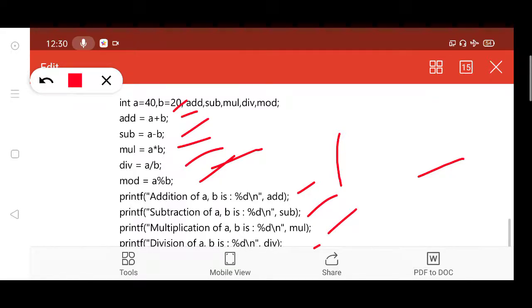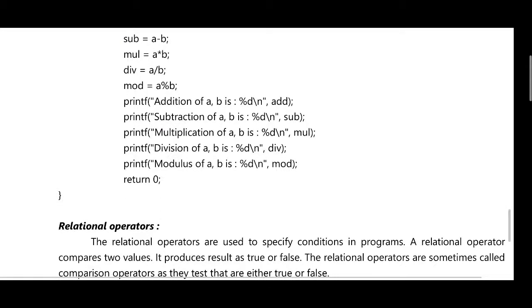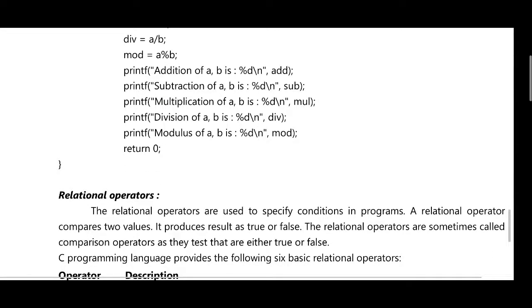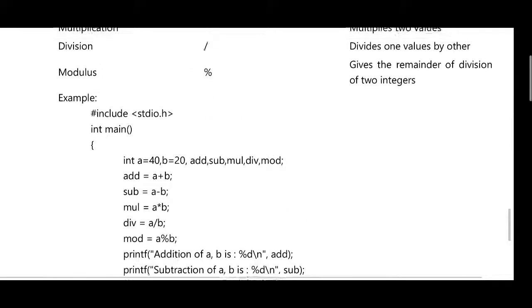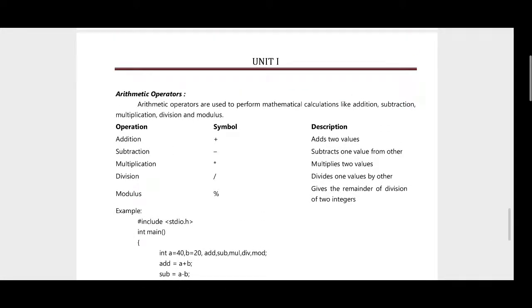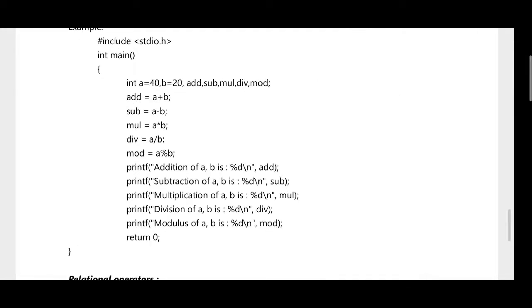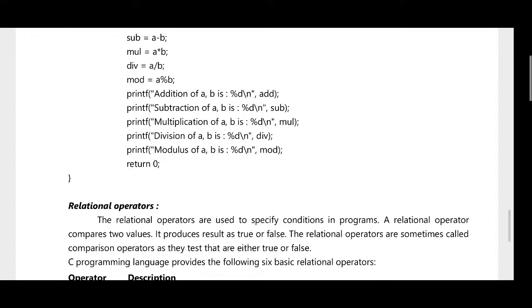Then modulus of a comma b is %d. This is how you can use the arithmetic operators.